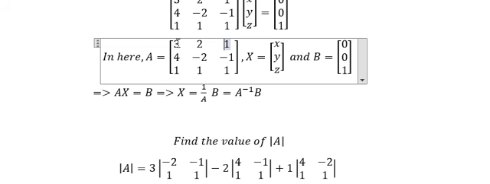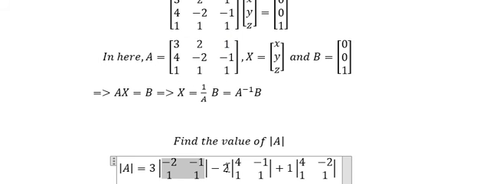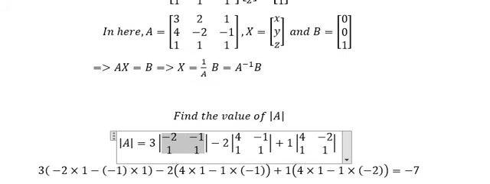Because we put number 3 here, we hide 1 row and 1 column. So we just calculate the matrix -2, -1, 1, 1. Similarly for -2, if we put the number 2 here, we hide this row and this column. So we have 4, -1, 1, and 1, and similarly for the number 1. After that, we calculate the value here, and we get -7.